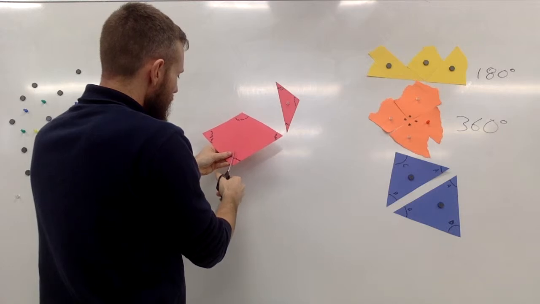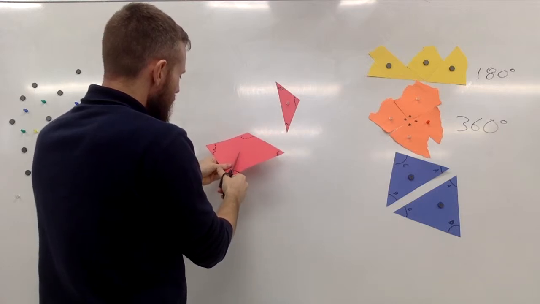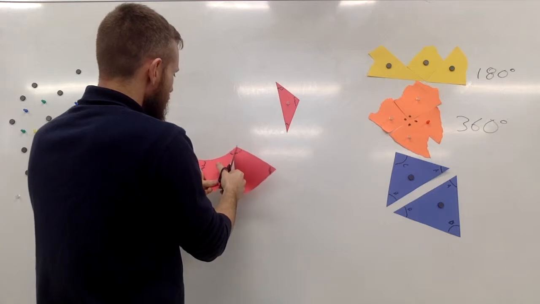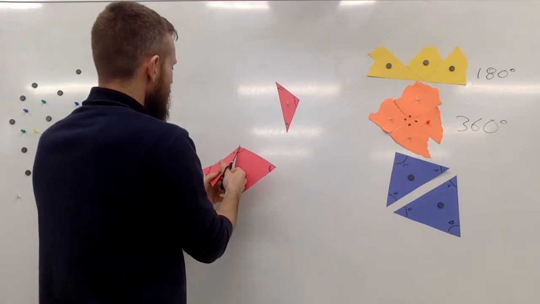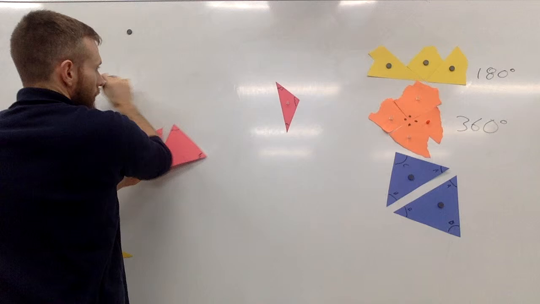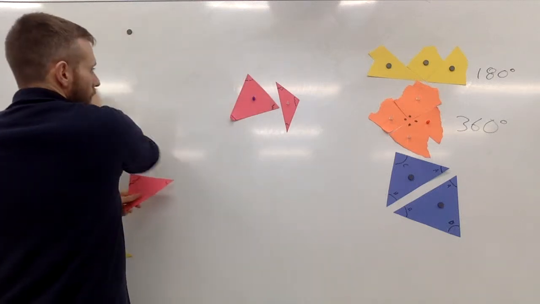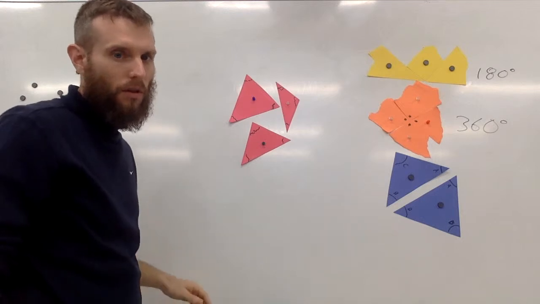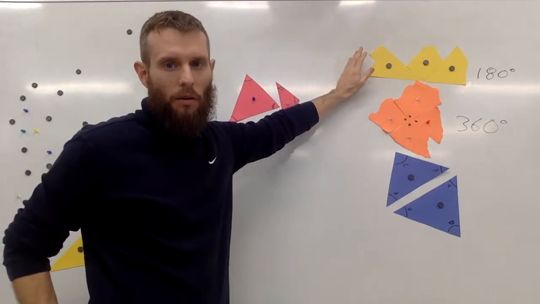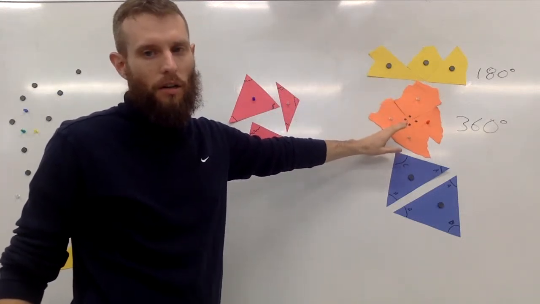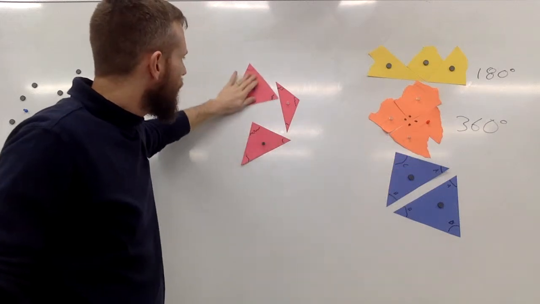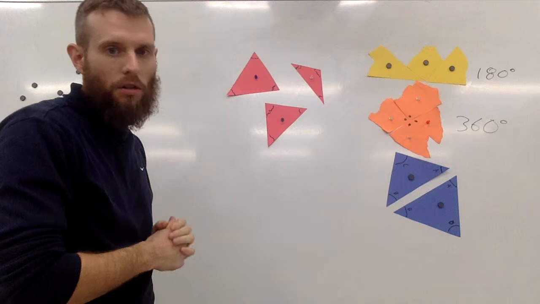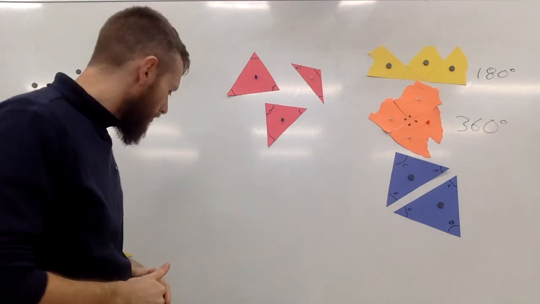I'm going to cut it again, and I get two more triangles. So obviously for a triangle, I have one triangle. A quadrilateral, I have two triangles. With a pentagon or a five-sided shape, I have three triangles, and so on and so forth.